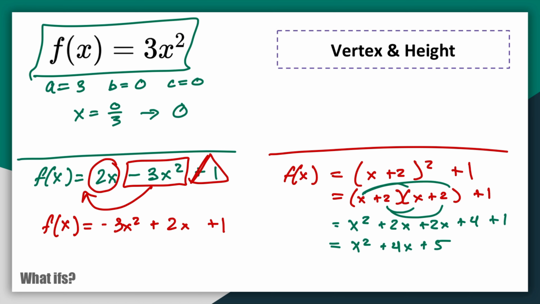Now this last thing, vertex and height, we're really trying to focus on that maximum and that minimum point. Say you have a problem where a stick figure was standing on a ledge and threw a rock up in the air, and it modeled this path, and they gave you an equation. They said it was f of x equals negative 2x squared plus 3x plus 1.